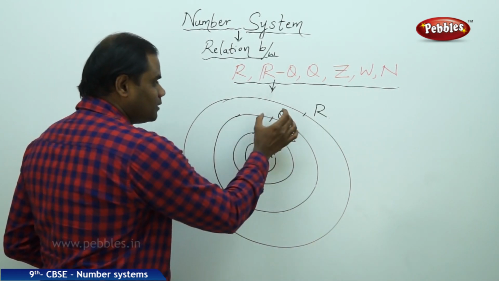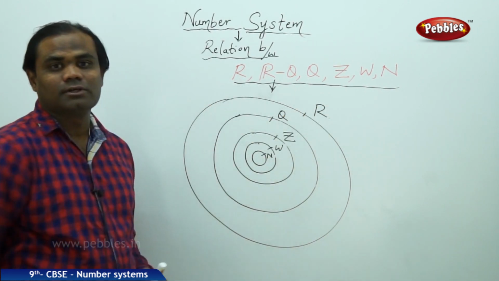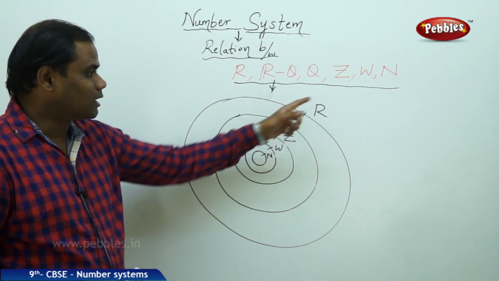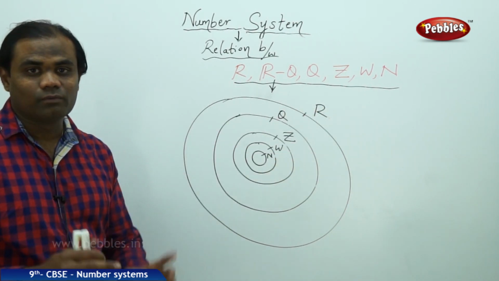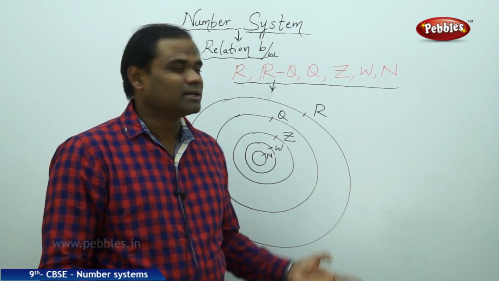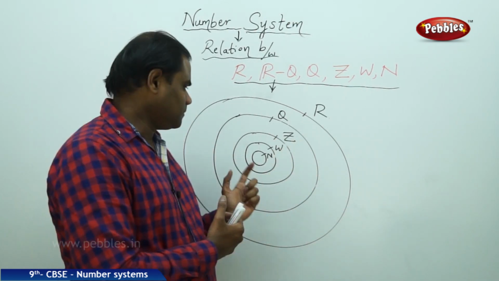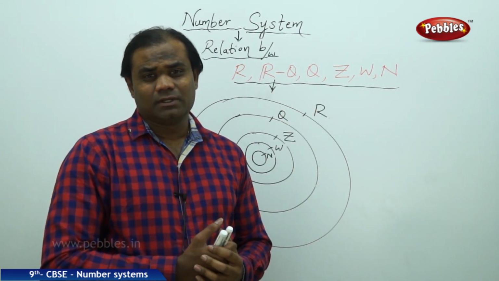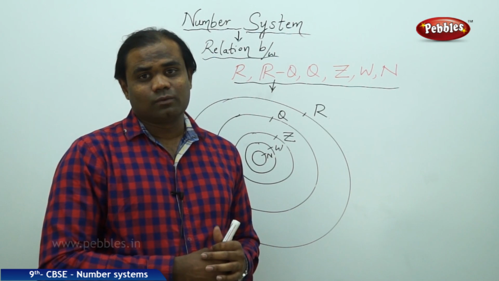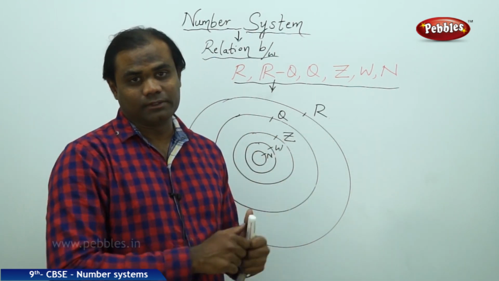Similarly, every rational number is a real number, but every real number is not a rational number, because R is outside Q and Q is inside R. This is how we can easily analyze the properties using the simple diagrammatic representation of N, W, Z, Q and R, which makes us understand whether a number is a subset of each of the others.